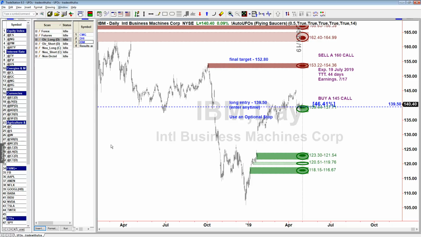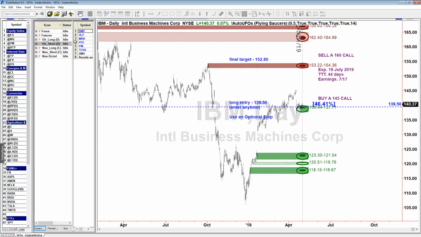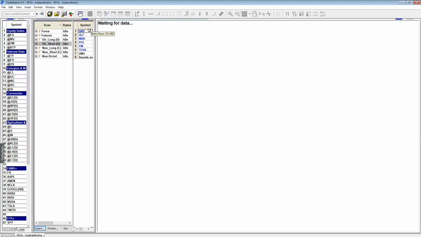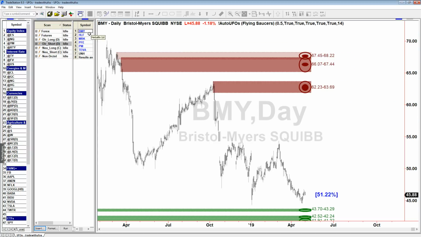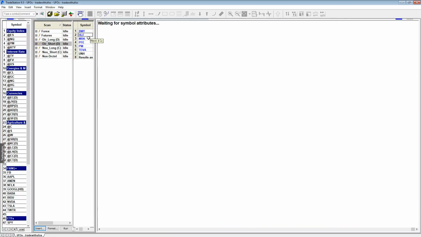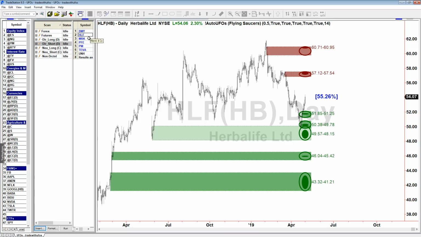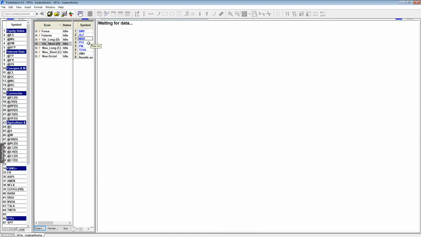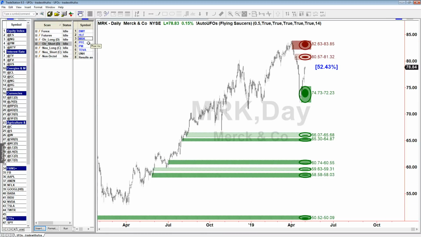Good. So anyway, let's keep going. So what about shorts? Do we have anything short? So let me see. BMY, no UFOs. HLF, a little far from the red. Merck, I'm just looking for a more powerful setup. Merck could be quite interesting actually for a short.